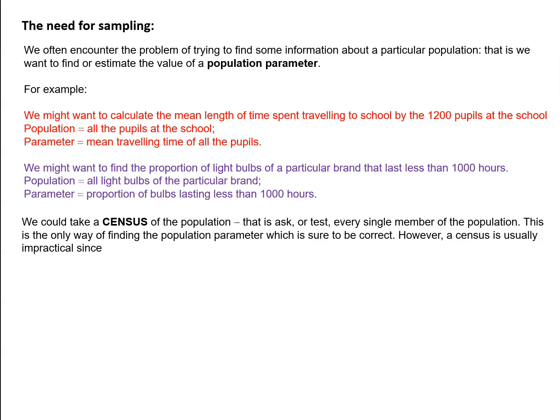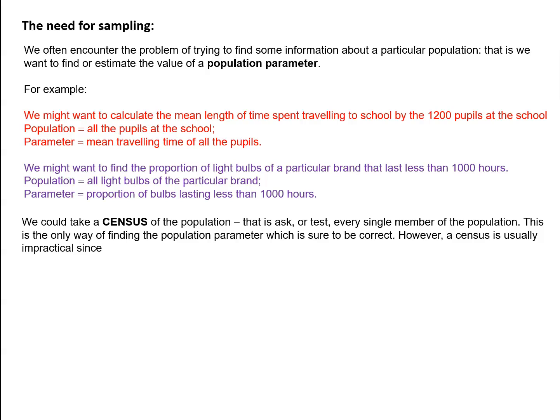For the light bulb example, we would have to go through the process of testing every single bulb, by which time, of course, we've spent at least 1000 hours doing that testing, and some of the bulbs will have failed, so won't be of any use any longer. So it will be an exceedingly lengthy process, probably impractical for the light bulbs, and even for the school one, it might well be just too much work to actually ask all 1200 pupils.